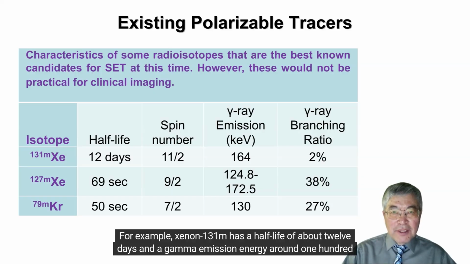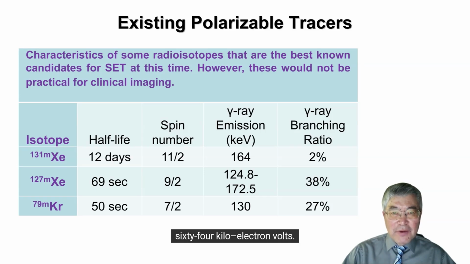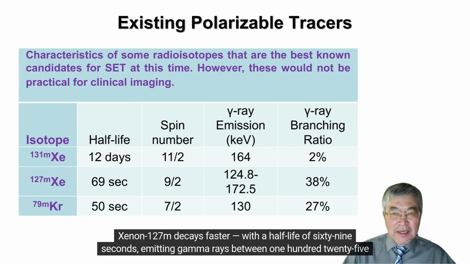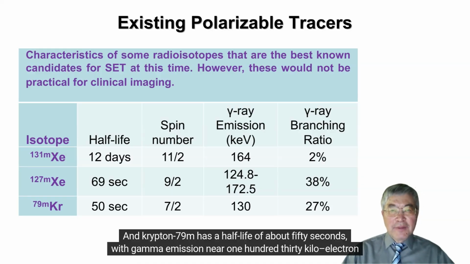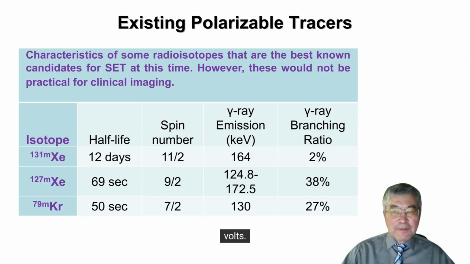For example, xenon 131 has a half-life of about 12 days and a gamma emission energy around 164 keV. Xenon 127 decays faster, with a half-life of 69 seconds, emitting gamma rays between 125 and 170 keV. And krypton 79 has a half-life of about 50 seconds, with gamma emission near 130 keV.